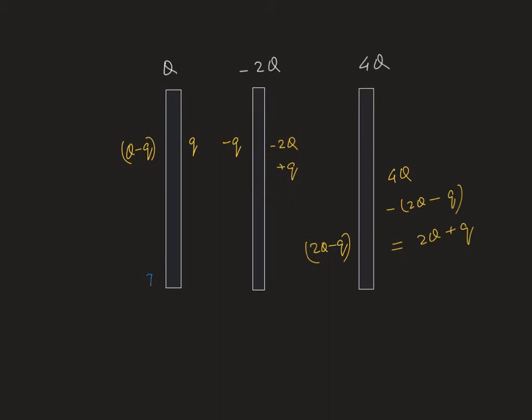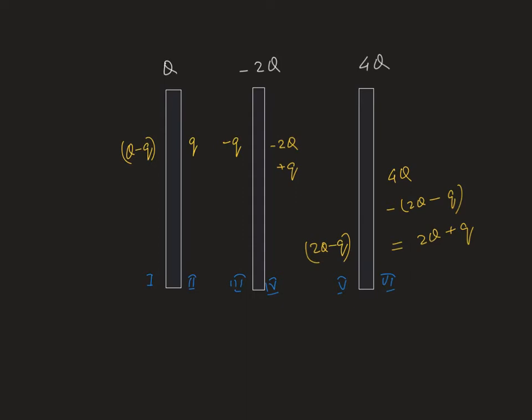Okay, so let me name the surfaces: 1, 2, 3, 4, 5 and 6. On surface 4, if the charge is minus 2q plus q, then on the facing surface 5 there will be an equal and opposite charge, that is 2q minus q.